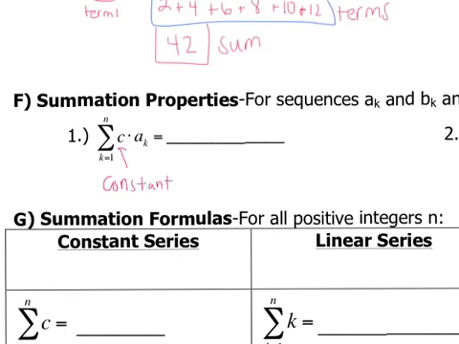We can take that constant and we can move it to in front of the sigma. So we can rewrite this as the constant times the summation. And once we get into an example, you'll see how this is actually going to work. I know it's kind of vague right now.